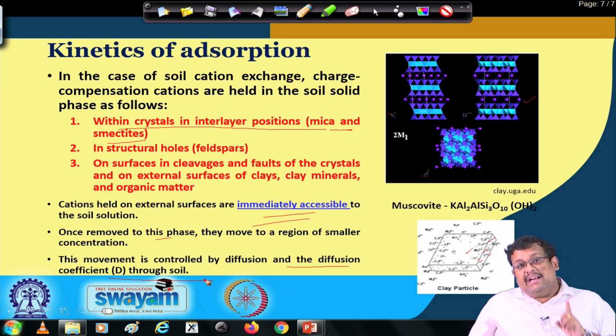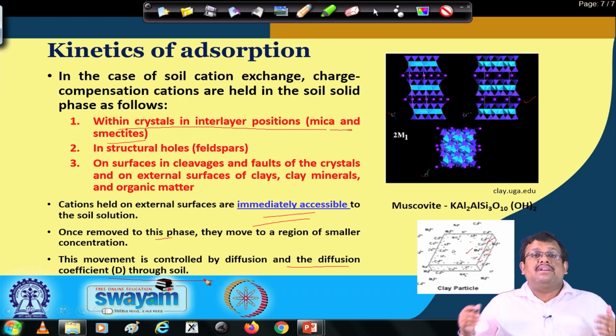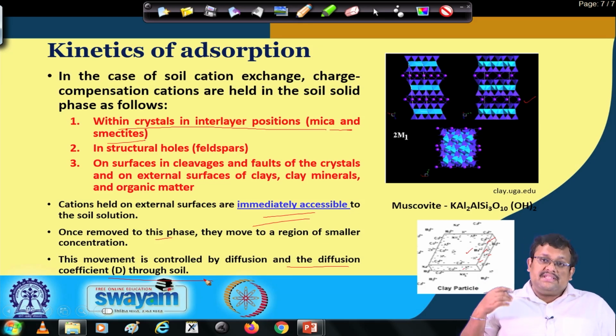One is within the interlayer space, for example, in mica and smectite; second, in the structural holes, for example, in feldspars; and thirdly, on the surfaces and cleavages of the crystals and on the external surface area of clay and clay minerals, and also organic matter, from where these cations go to the soil solution through the process of desorption. This movement from the external surface is controlled by different types of diffusion and diffusion coefficients.